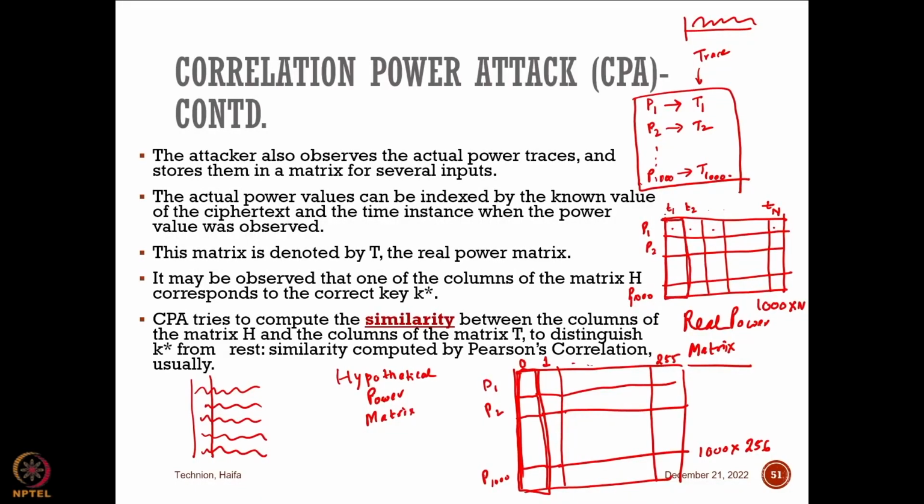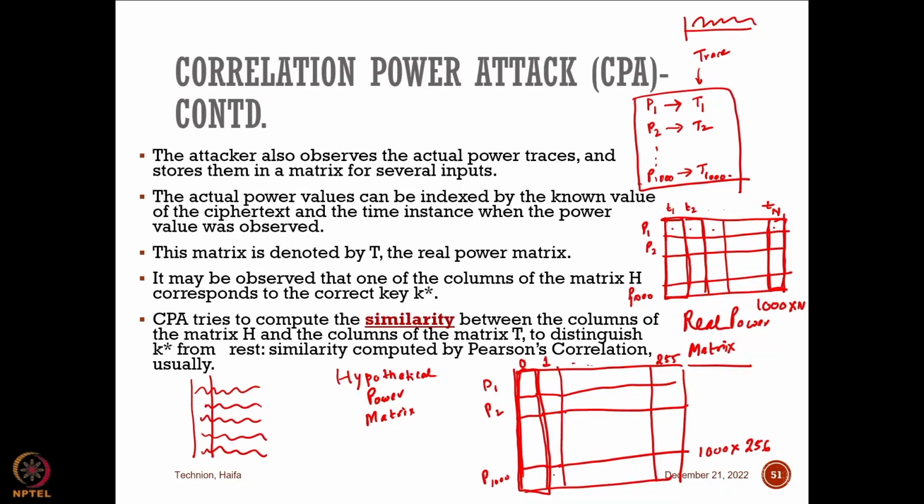I will match it with this one, with this one, and with all the n time instances, and see if there is a good correlation. Typically I can use Pearson's correlation to begin with, which is a very simple correlation metric. I will soon define the correlation metric again, which you probably already know.